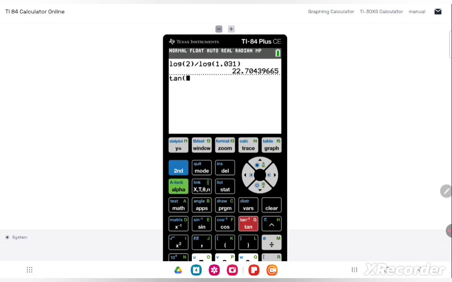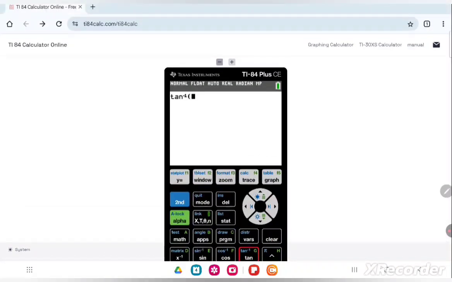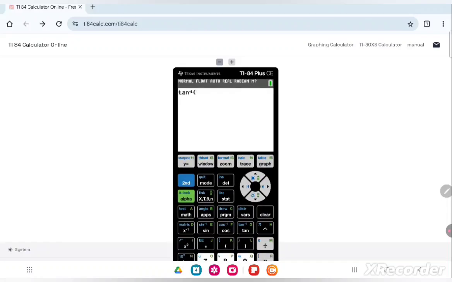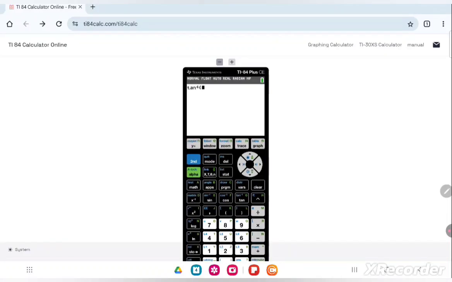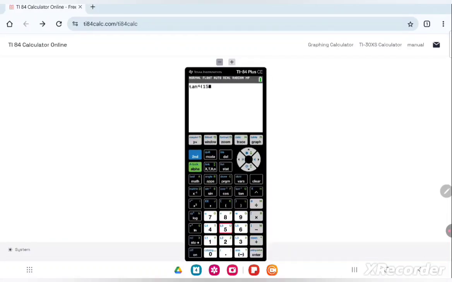We say tan inverse, it's second tan inverse of 15 over this 14.422. Okay, so the answer is 0.80. Oh, this is in radian.